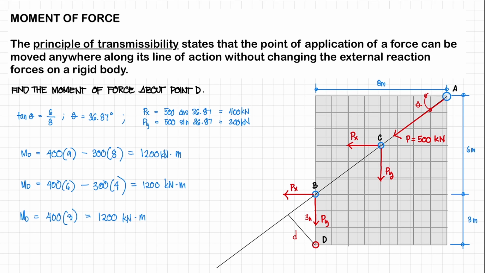As stated earlier, your moment at point D is just equal to your force times the perpendicular distance, or the moment arm of our line of action to our axis or point D. So we know the moment, which is 1,200, and that is equal to the force, 500 kilonewtons, multiplied by D. From this equation, we can now solve for D, which is just equal to 2.4 meters. All right.